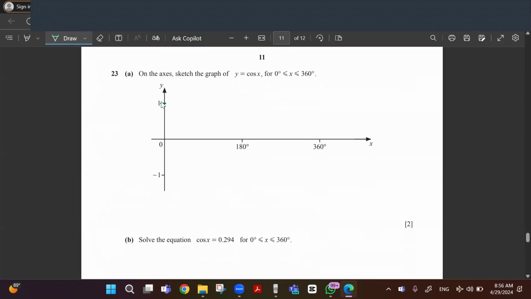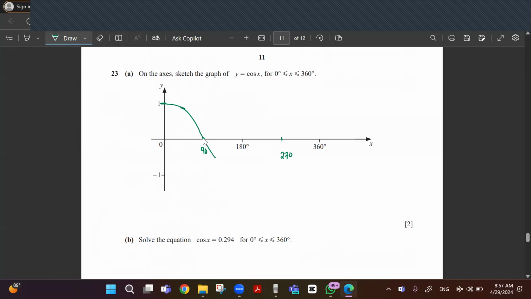All I have to do is write 90 here and 270 here. We have to memorize this. It is going down from 1, smoothly going down like this, and it crosses through the 90.